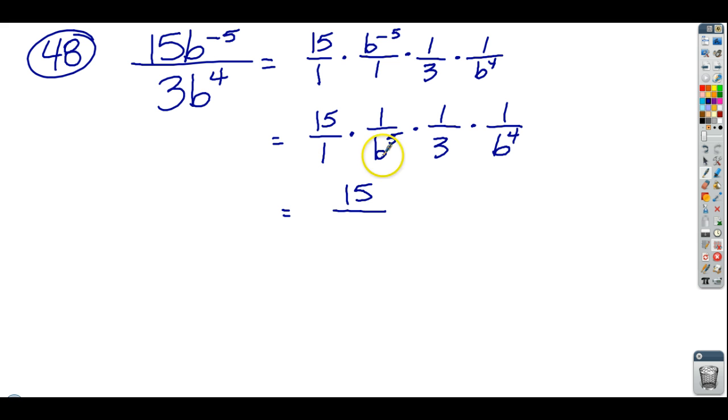And then I have b to the fifth and b to the fourth, so that's going to be b to the ninth. And I also have that 3 on the bottom. Well, these numbers can simplify. There's 15 and 3. I can divide both of those by 3, which leaves me with 5 and b to the ninth.